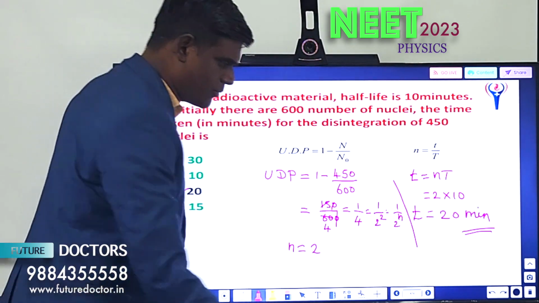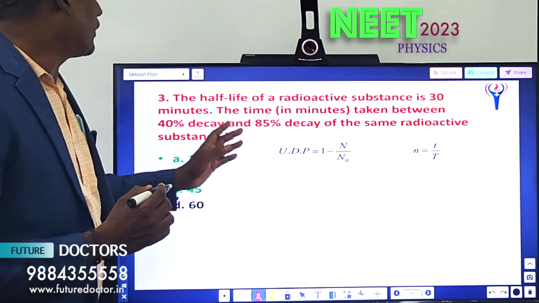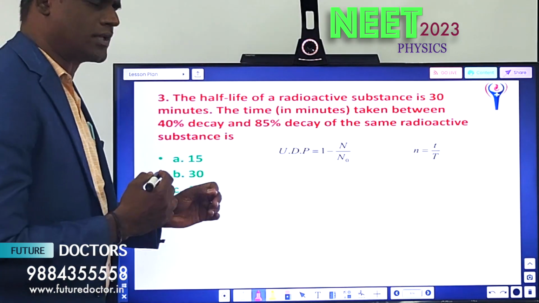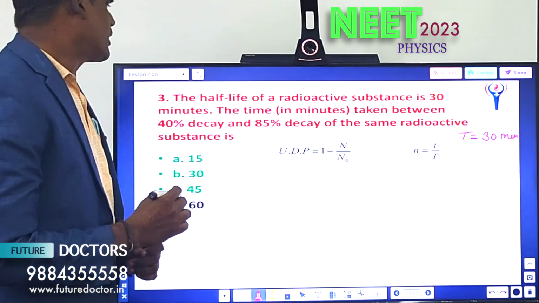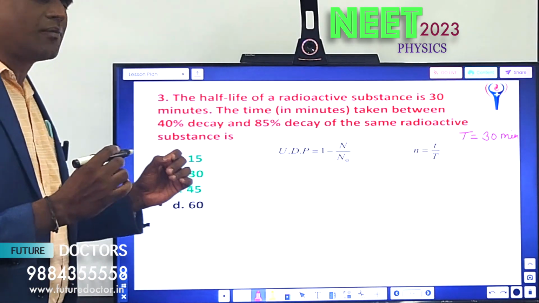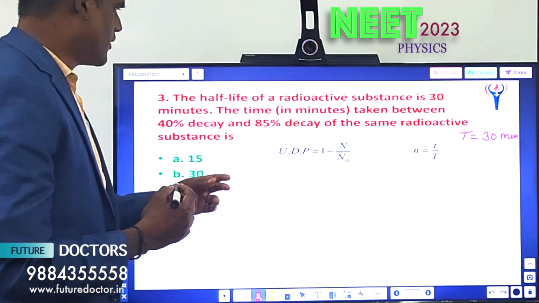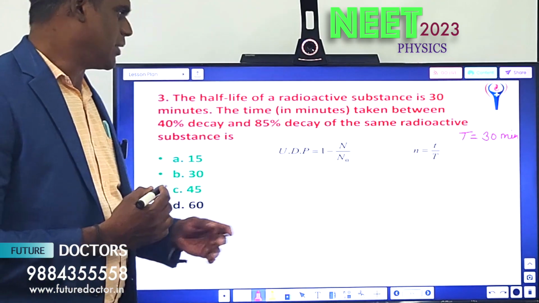Let's move to question number 3. Here also formula same, but method is different. The half-life of a radioactive substance is 30 minutes. Yes, T is given 30 minutes. The time taken between 40% decay and 85% decay of the same radioactive substance you want to find. Same formula only we are applying. Undecayed part equal to 1 minus N by N naught.